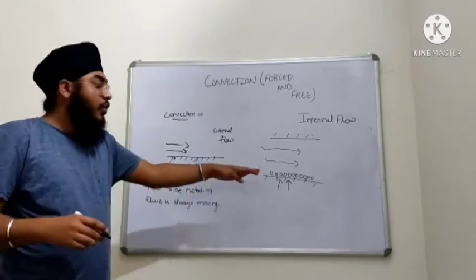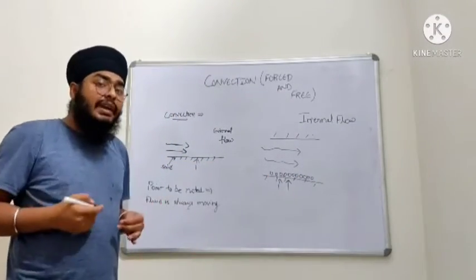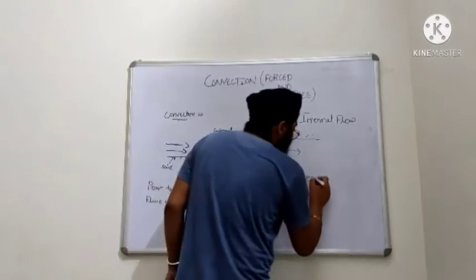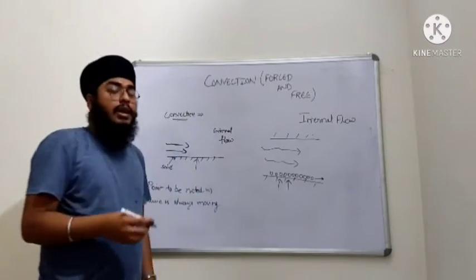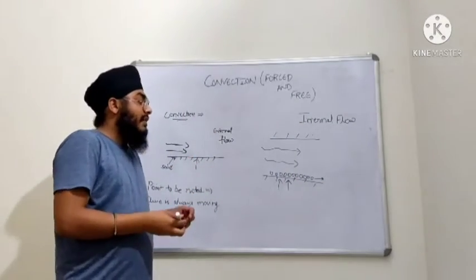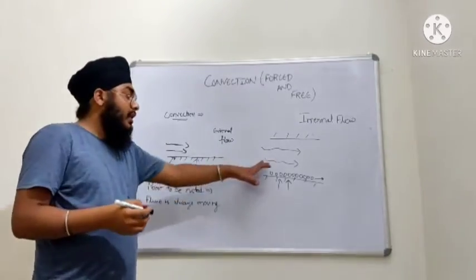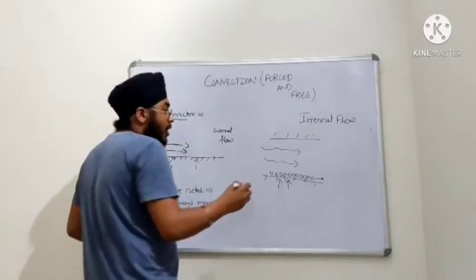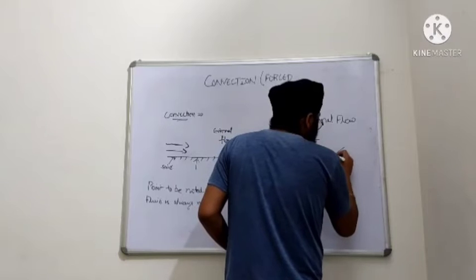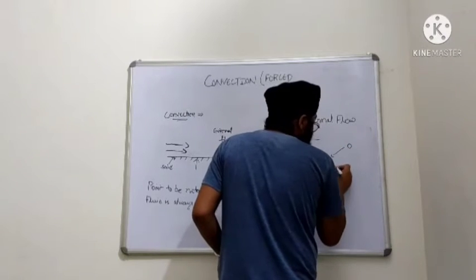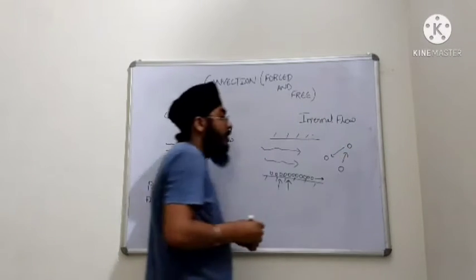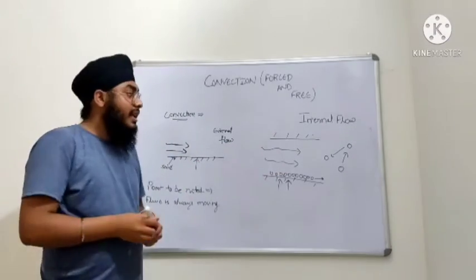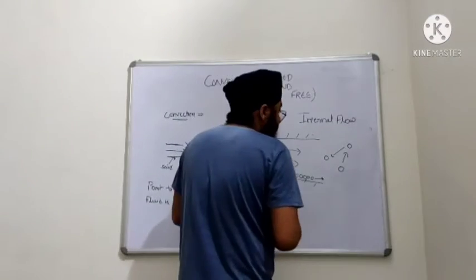Now, these fluid particles will receive that energy and their energy level rises. Because of these energy levels, collisions between them start occurring. Particles are colliding with each other. Due to these collisions, there is molecular momentum transfer.